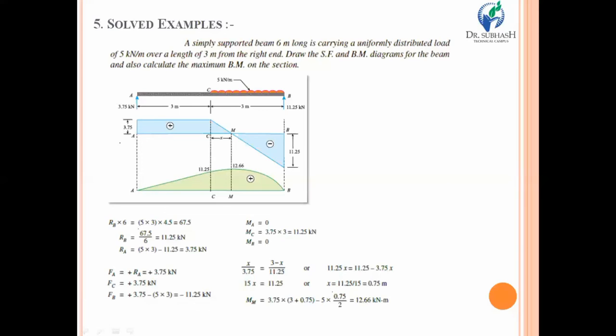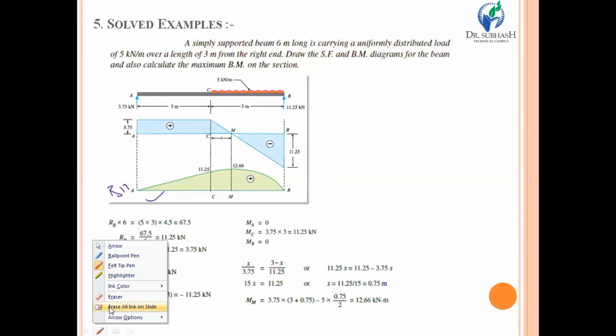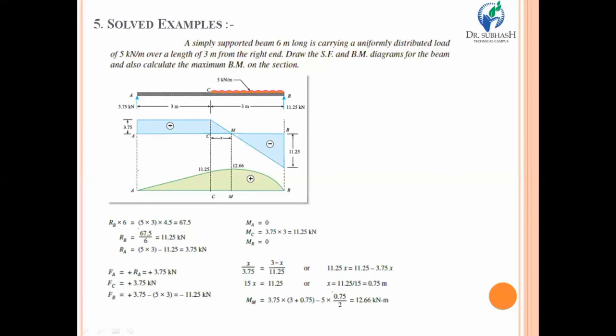Now, after the shear force diagram, we should draw a bending moment diagram, and this is the bending moment diagram. Similarly, as with the shear force diagram, you have to extend that sectional line to the horizontal line drawn for the bending moment diagram.